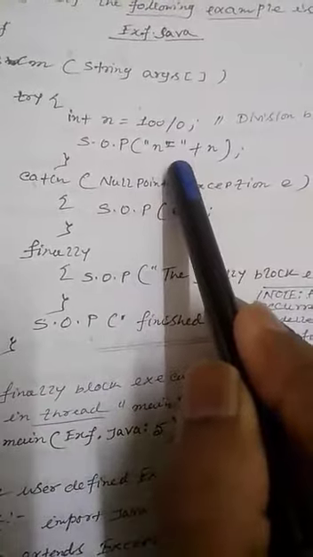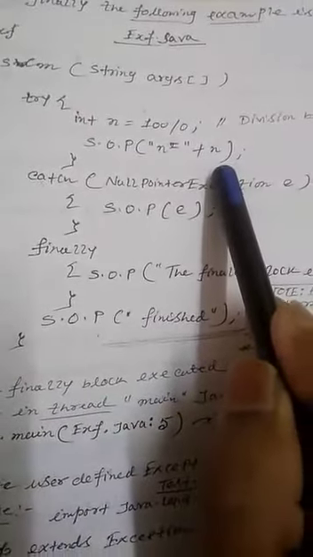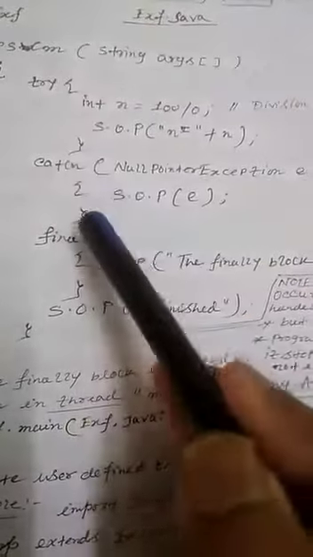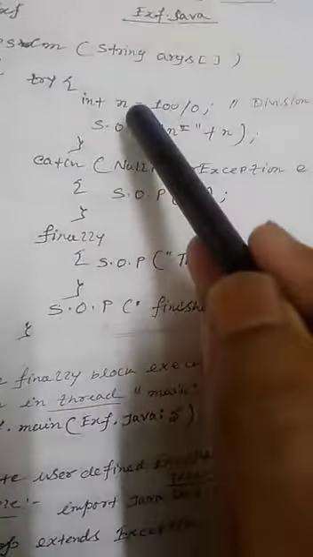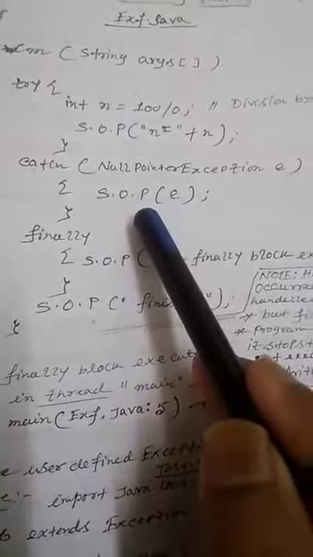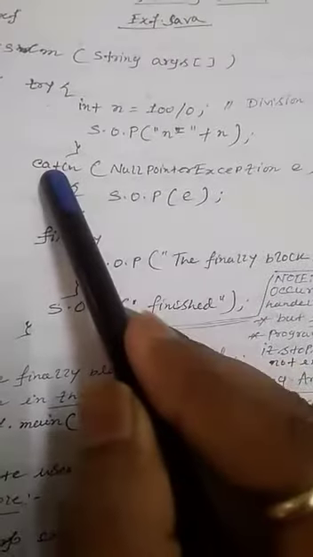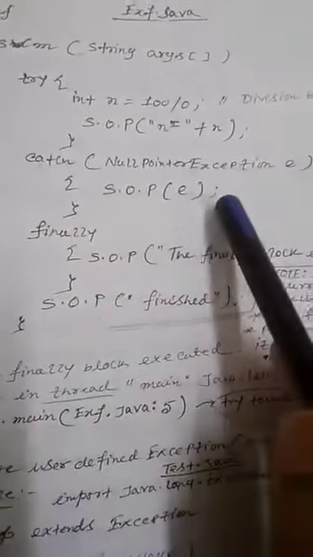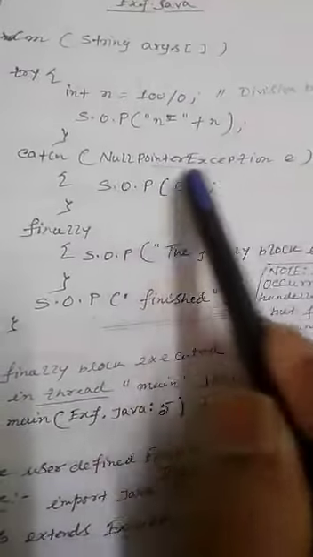Now try will throw the object reference, and if it is appropriate, then it will be caught in the catch block. NullPointerException, this is not appropriate.